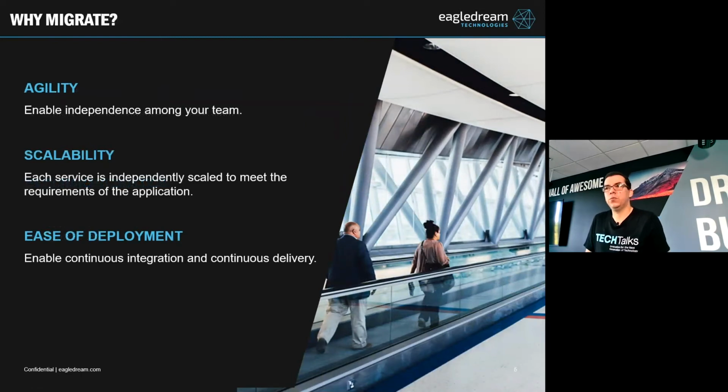Agility is one thing that is pretty important, because you can have your application teams work a little bit separately. They're not totally dependent on the work of one another. So if I have one team working on one particular section of my services, I can have another and another, and so on and so forth.